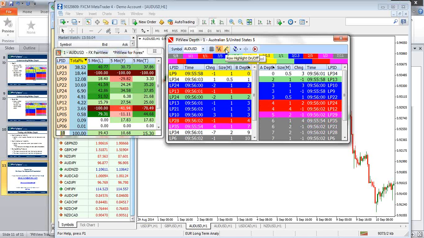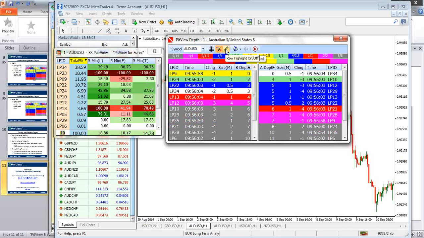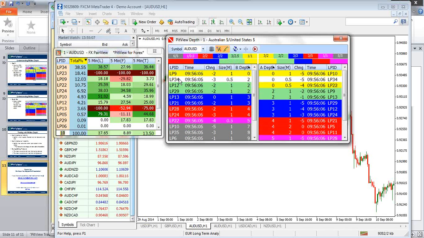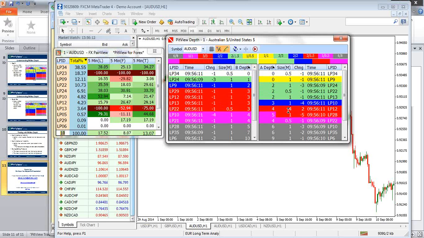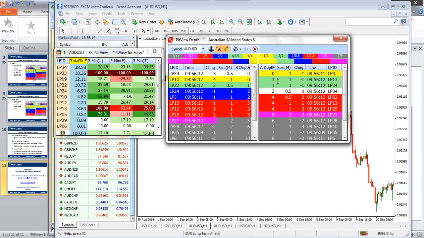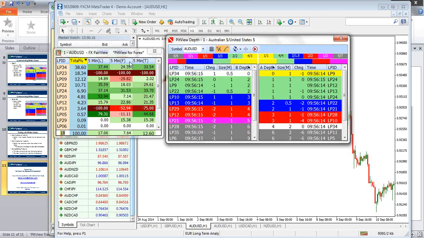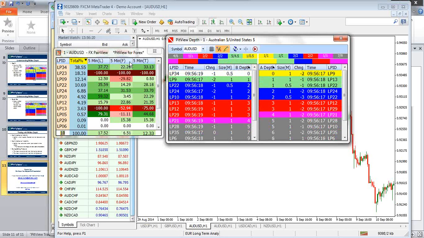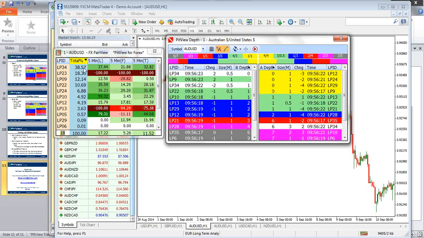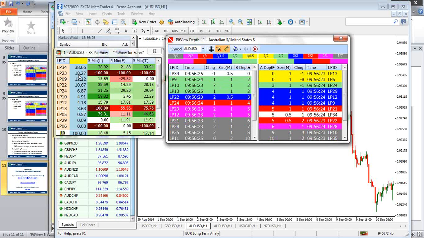You see the row highlight on or off? You can turn that on and just double click on the market maker that you want to track, and it will turn them white so that you can see them much better in the market. So that's the first thing, if I'm doing short-term trading or even scalping, that I might do: just confirm that LP34 is still most certainly controlling a large amount of the market today.